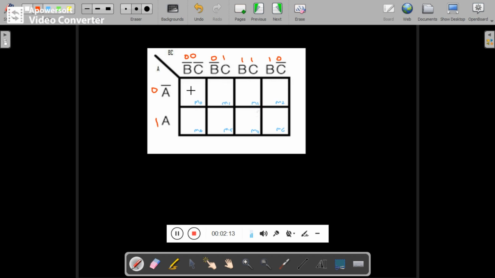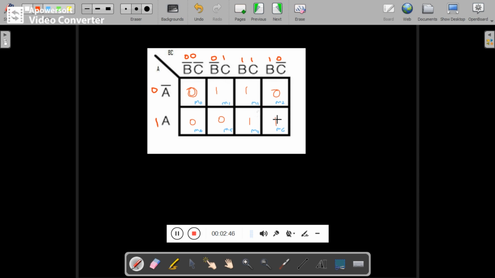First, M0 is 0, M1 is 1, M2 is 1, M3 is 1, M4 is 0, M5 minterm 5 is 0, minterm 6 is 1 and minterm 7 is 1.